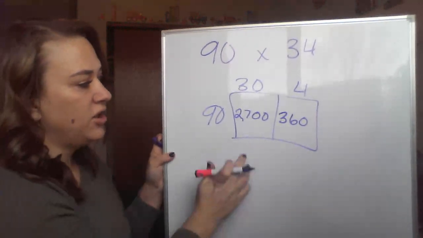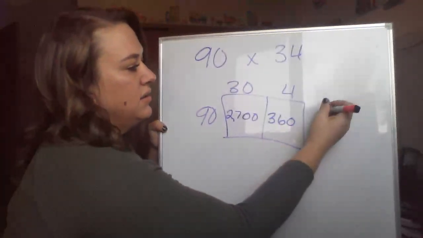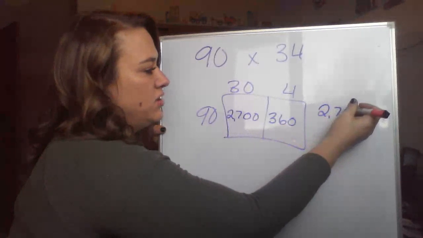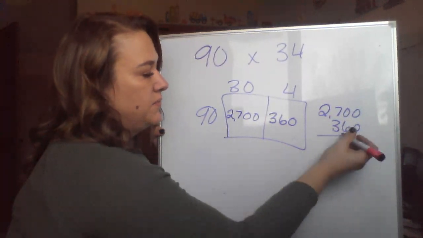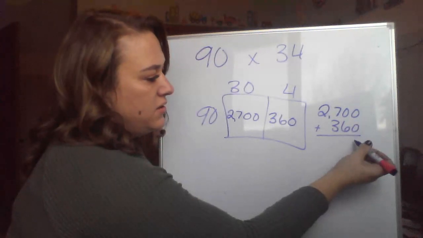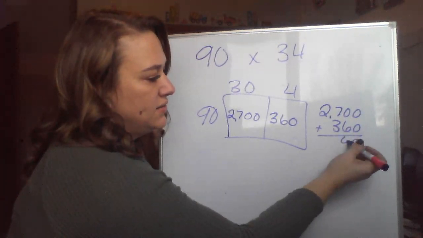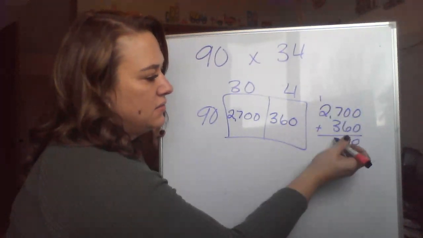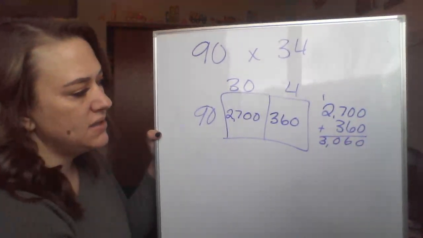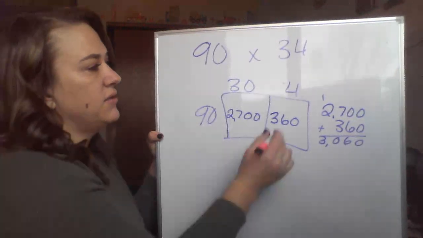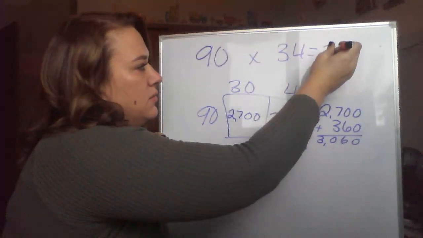And then we add our two partial products. So 2,700 plus 360, 0 and 0, 0 and 6, 7 plus 3, and 2 plus 1. 3,060 is our final product.